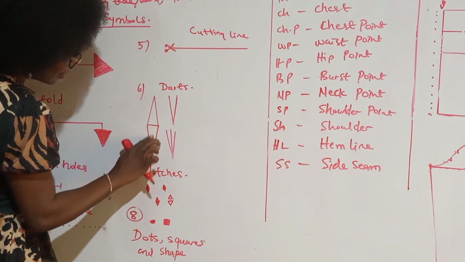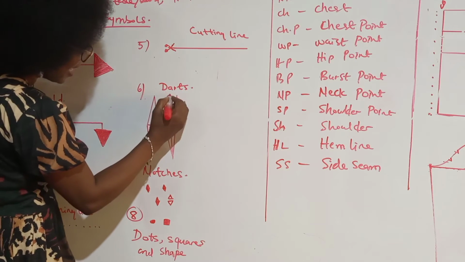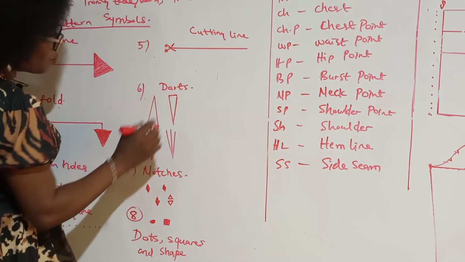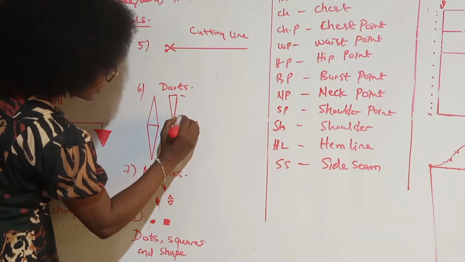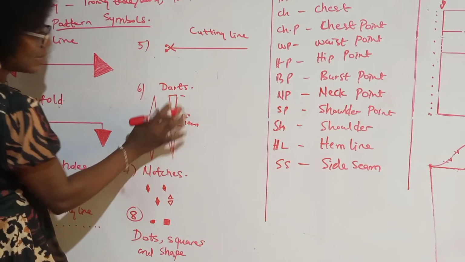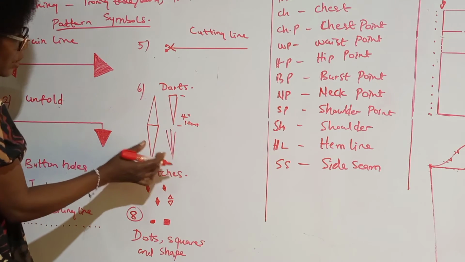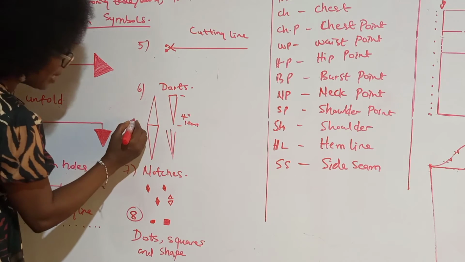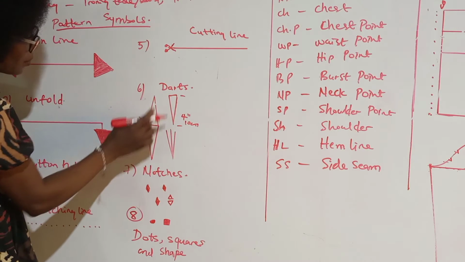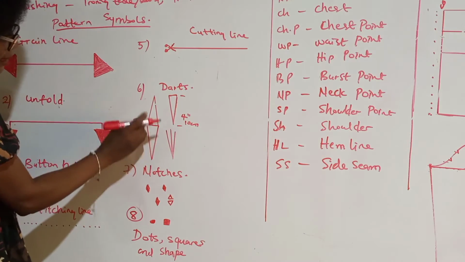This half is mostly found on skirts or on trousers. Most of the time, the length of the dart is 4 inches or around 10 cm averagely. That is the average length of the dart on a skirt. If it's going to be on a gown, it may be around 8 inches, from the waistline up or from the waistline down.